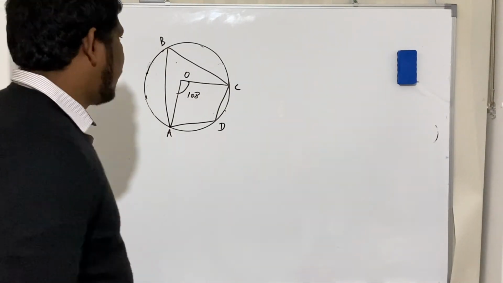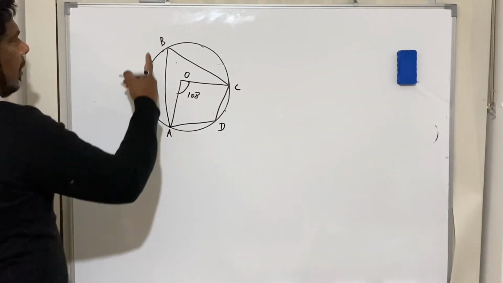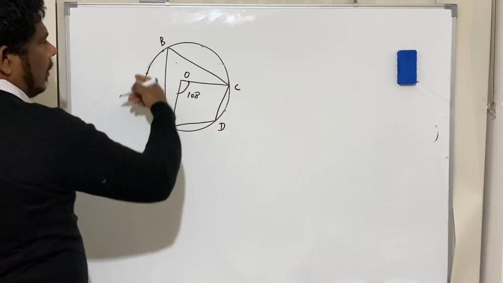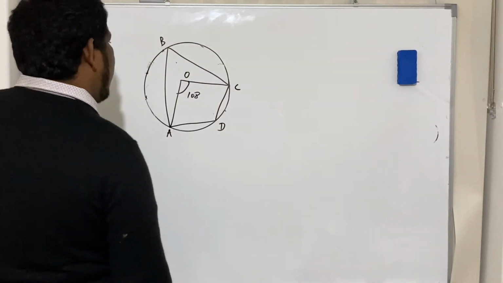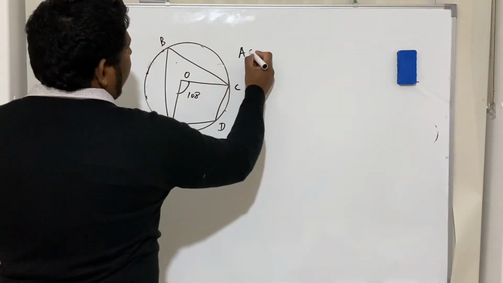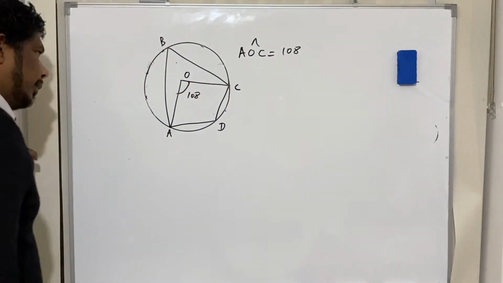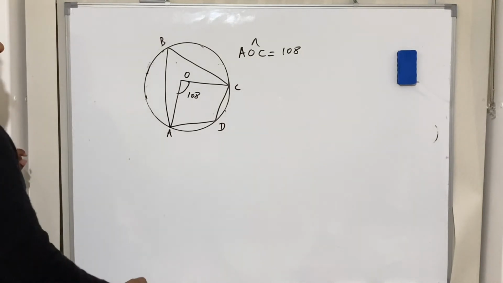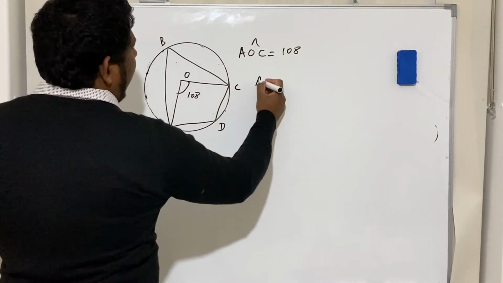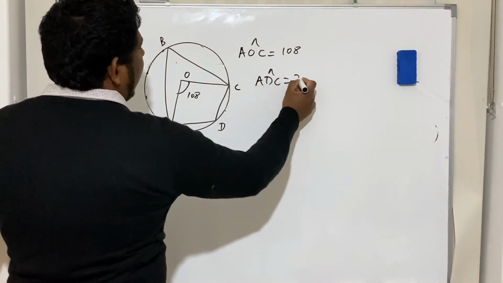It's another question from the exam paper. A, B, C, D are points on the circumference of the circle, and the angle AOC is 108. Now we need to find the angle ADC, with the reason.